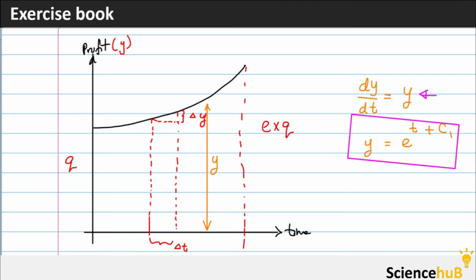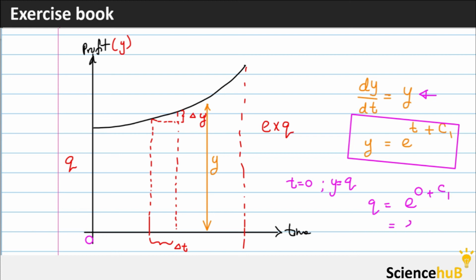Okay, now we have to find the value of C1. So we know the initial condition, that is when T is equal to 0, Q is the Y value. Y is equal to Q. When we substitute that, Q is equal to e to the power 0 plus C1.